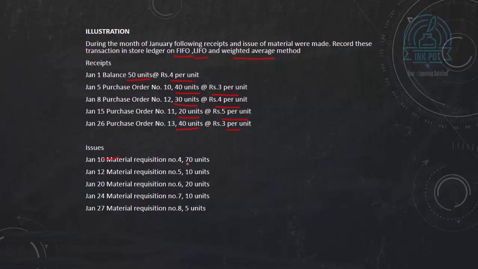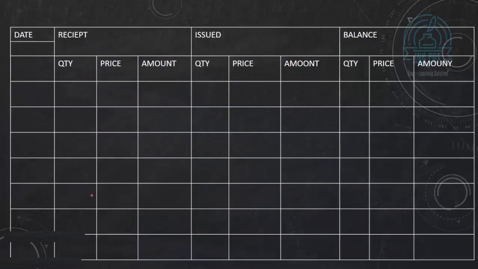So issues are like this: 70, 10, 20, 10 and 5. So let's do the question. I have already made the format. So first question we are going to do with the FIFO method.